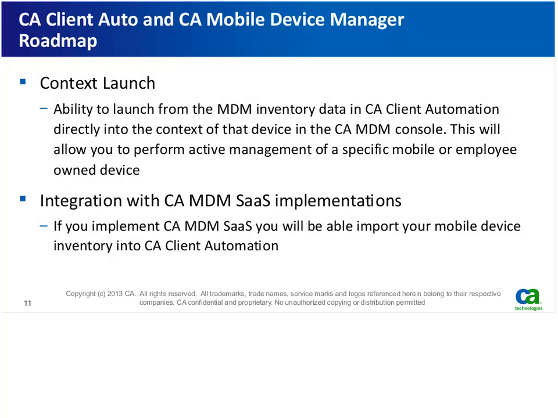So you're in the client automation product, and you are looking at a specific device, and you see that there is some sort of a configuration policy on a device that you want to change, either just from looking at that device, or if that device shows up on a query or a policy that you've configured to determine if an action needs to be taken. From that device inventory in Client Automation, you'll be able to context launch into that specific device in the MDM console. There you will be able to take active management of that device within MDM.